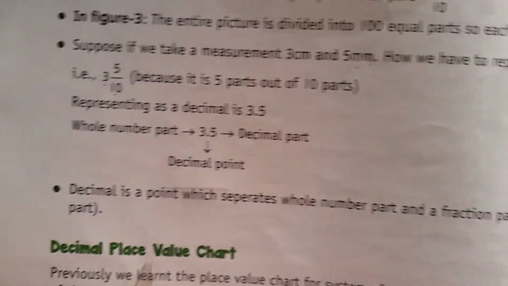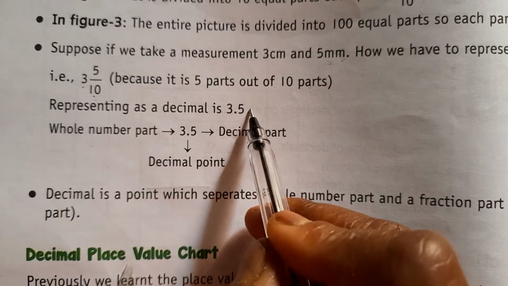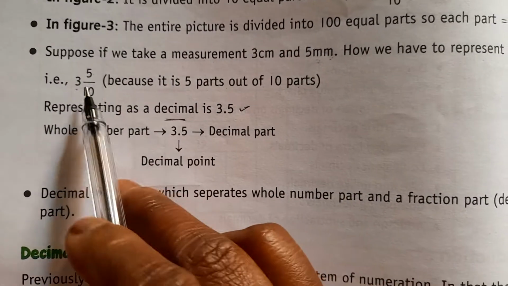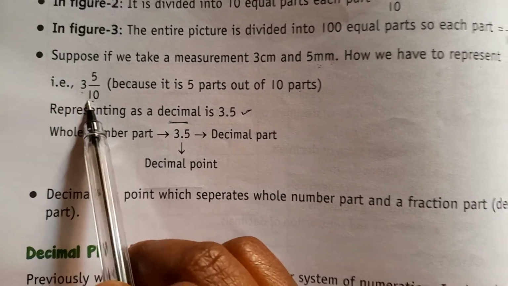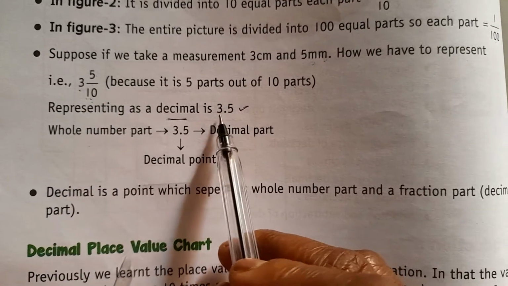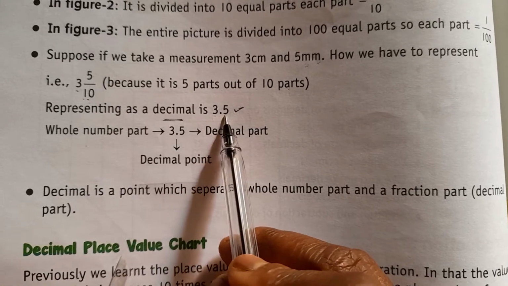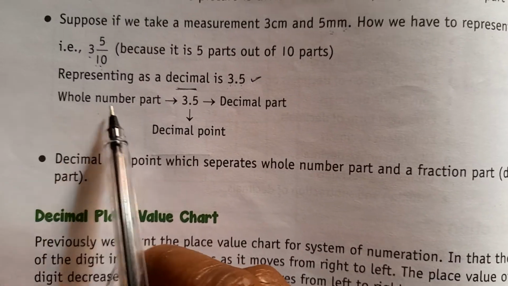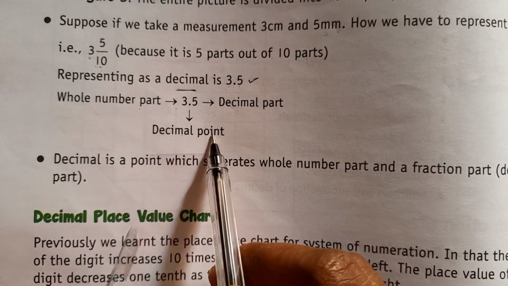Now children, we can also write this as a decimal number. This fraction, we know that it is a mixed fraction, okay, because it has a whole number and a fraction. This can be written as a decimal number, it is 3.5. Now the whole part is 3, the point is the decimal point.